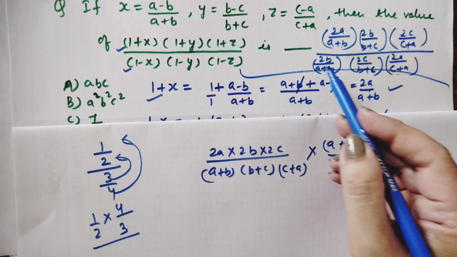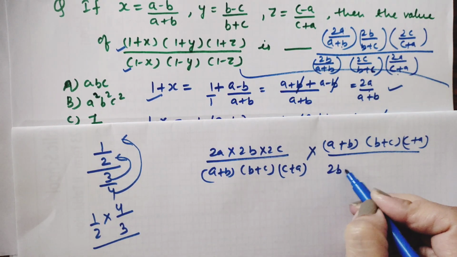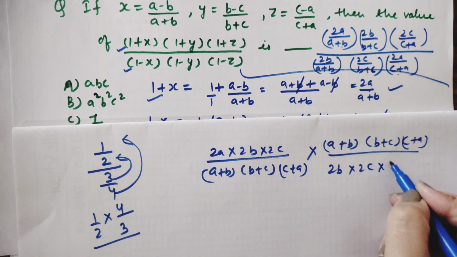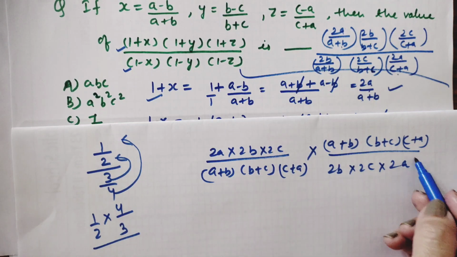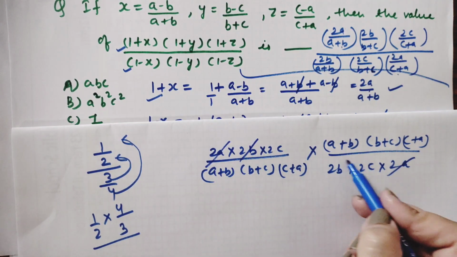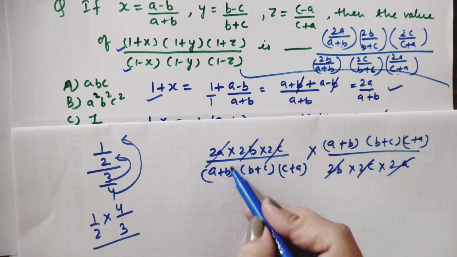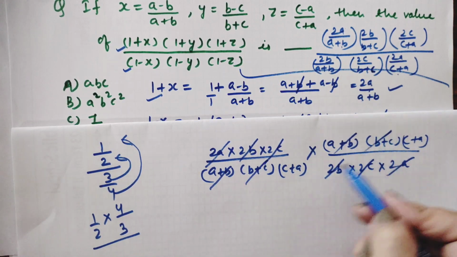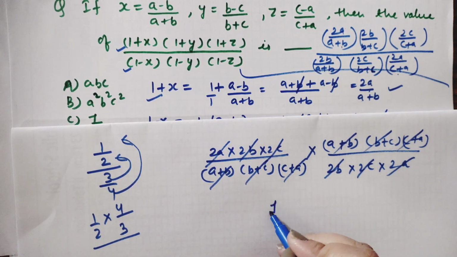So this one term is 2b, 2c into 2a. So 2a cancels, 2b cancels, 2c cancels, (a plus b) cancels, (b plus c) cancels, (c plus a) cancels. You get the value 1.